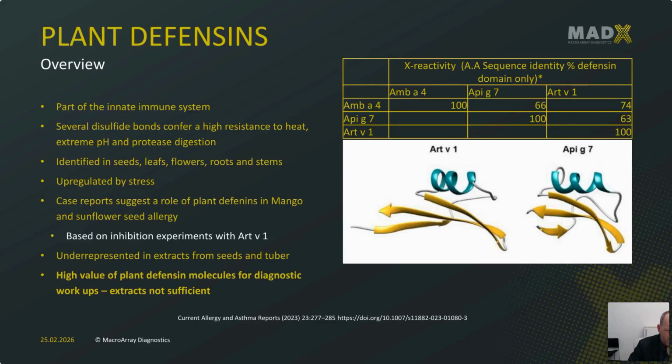There have been case reports that suggest that plant defensins in mango and sunflower seed allergy do play a role, and this was based on inhibition experiments with RV1. As I said, it's underrepresented in extracts from seeds and tuber, which suggests that the inclusion of a purified plant defensin is actually beneficial to allergy diagnostics and to provide an accurate diagnostic outcome.